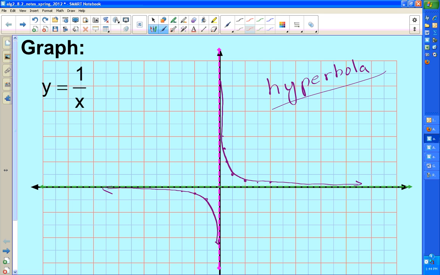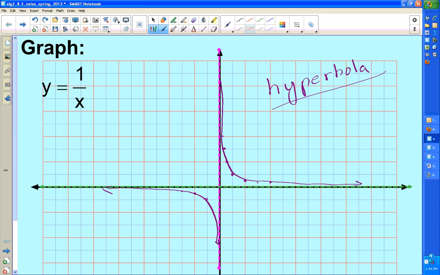These come in pairs. There's two of them, one in each corner, and they're called hyperbolas. There's a vertical asymptote and a horizontal asymptote. What you need to be able to find in this situation is what are the vertical and horizontal asymptotes.